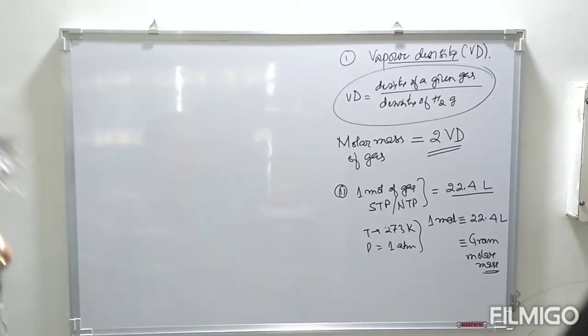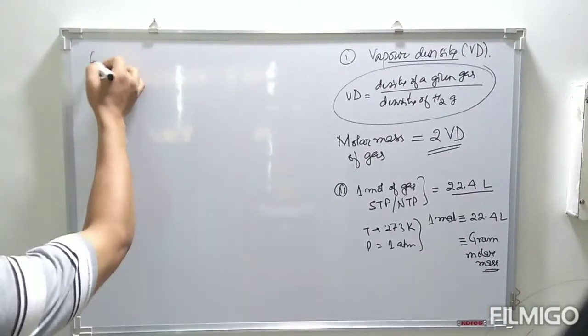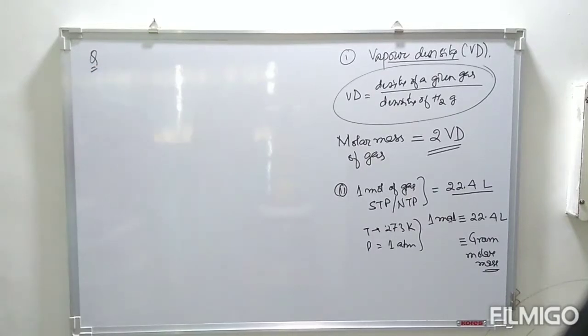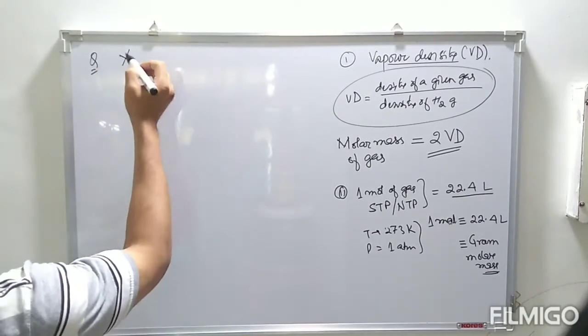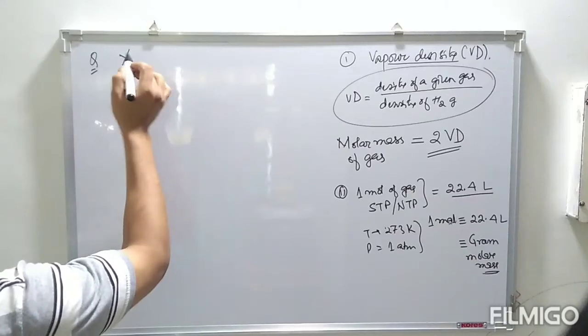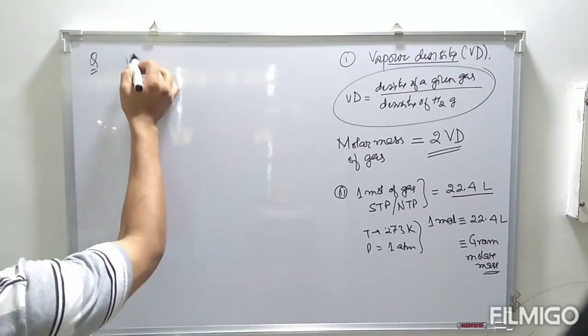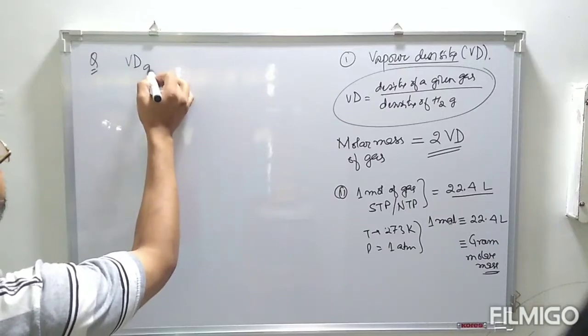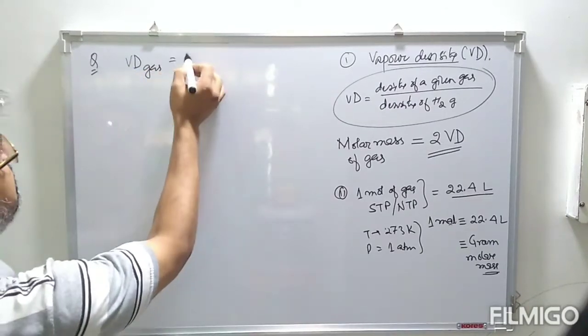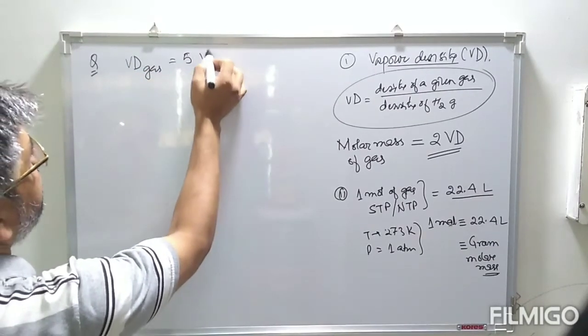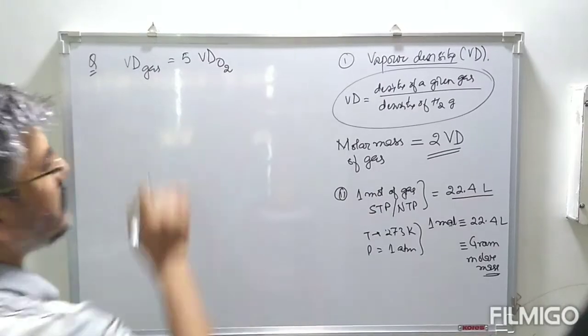Let's see the use of this. Question says we have an unknown gas X. The vapor density of the gas is 5 times the vapor density of oxygen gas.